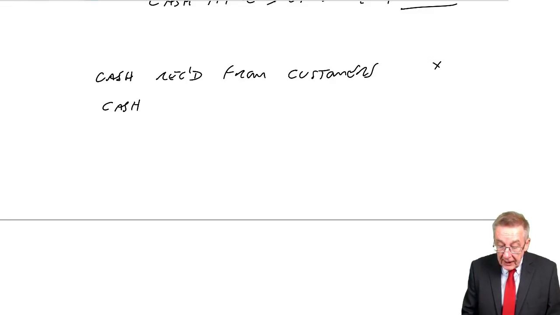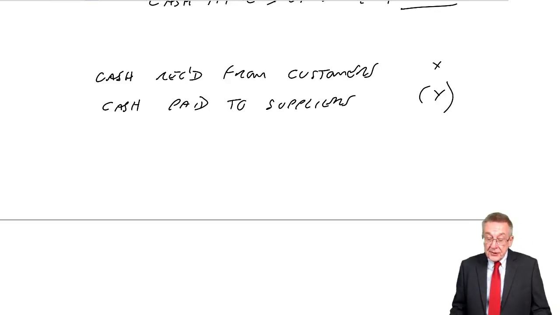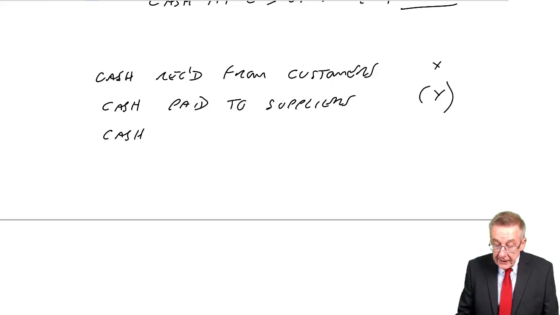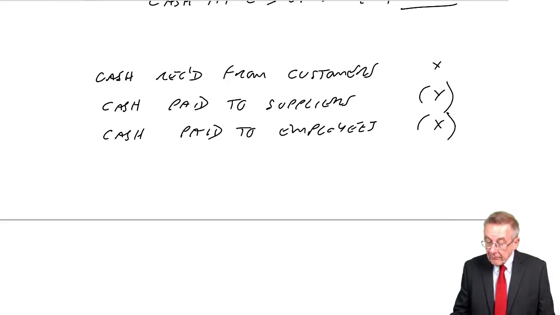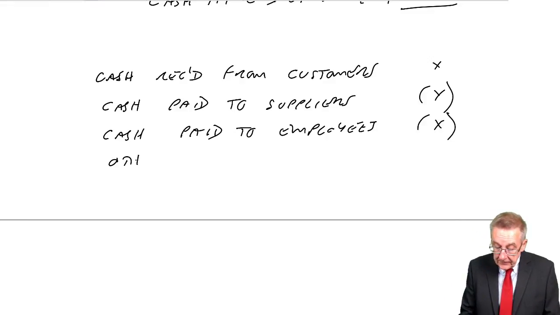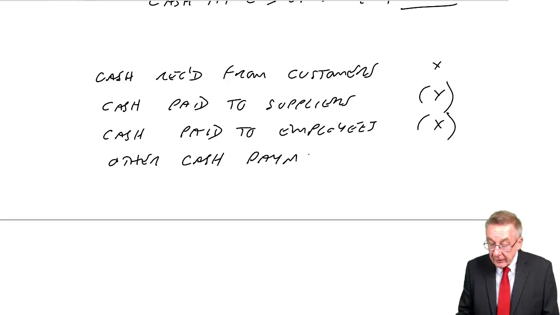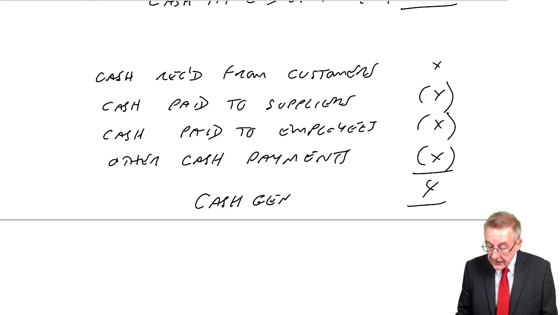The cash paid to suppliers, you've got to separate out the cash paid to employees, and you've got to show separately the other cash payments. Cash paid for expenses. And that'll give us the cash generated from operations.